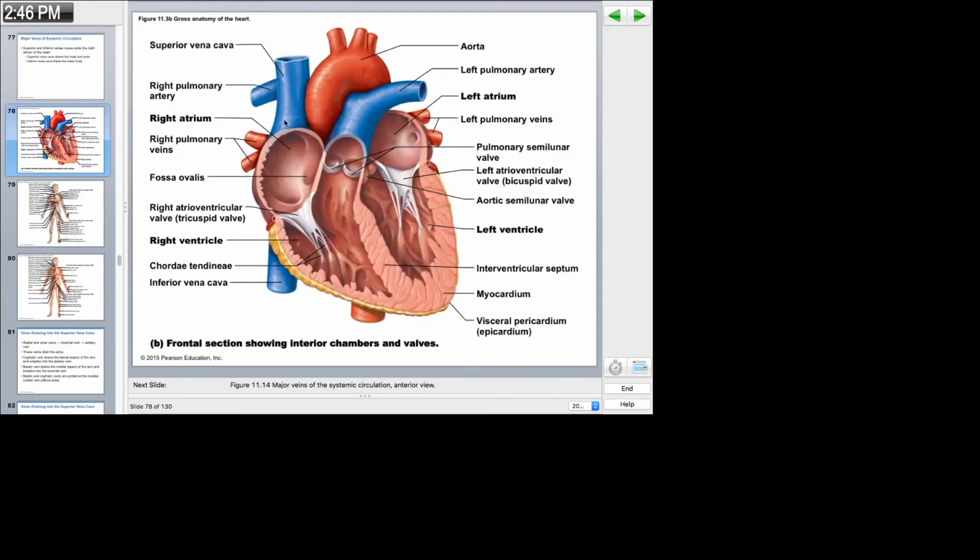You have your renal veins returning from the kidneys. You have your hepatic portal vein returning from the liver, passes up through the diaphragm, and then meets up with the superior vena cava to enter into the right atrium.